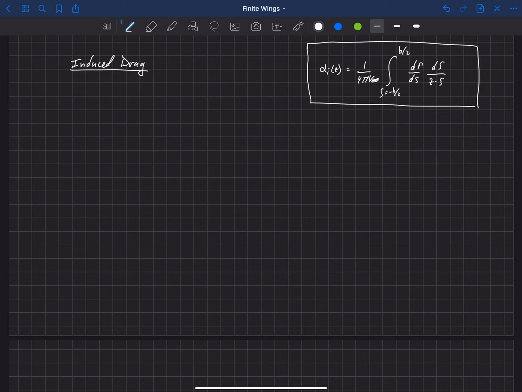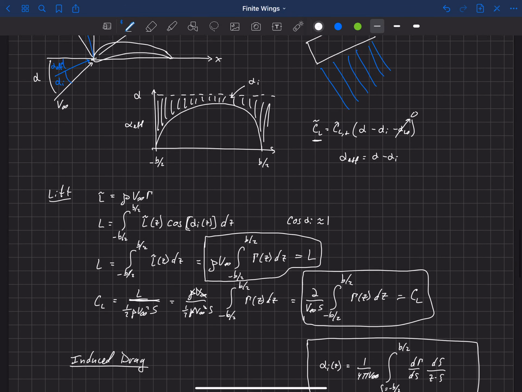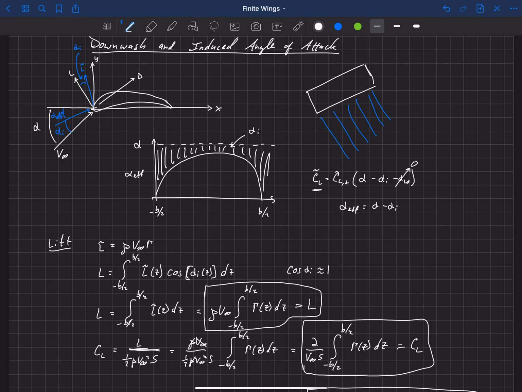So now let's look at what's called the induced drag. In order to compute this, we need to go back up and look at our downwash relations again. Remember that we have V infinity, and that gets rotated by some induced angle of attack to give an effective angle of attack on this airfoil.